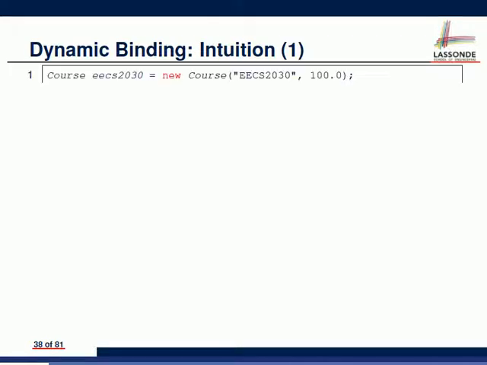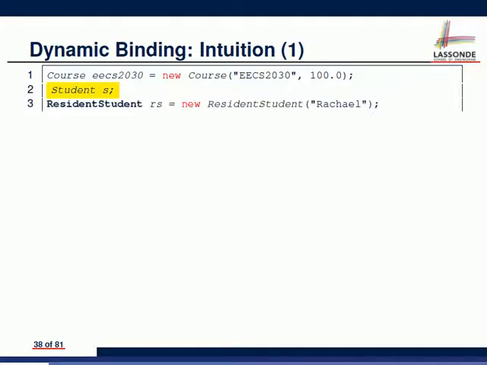Okay, let me show you an example here. Let's say over here, we got, again, 2030, a new course, $100. And then let's say we got line number 2. We simply declare the static type of S to be student, just that. And then in line number 3, we also say resident student RS is a new resident student object.